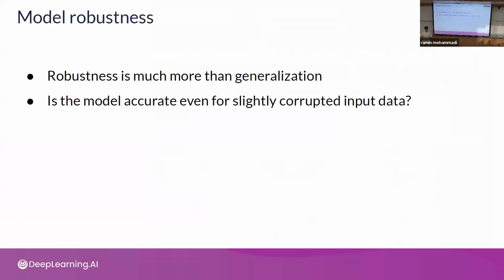Generalization means my model is generalized, that it can address all sorts of data. But that doesn't mean that my model is robust. Robust means that your model can deal with all sorts of random data, all sorts of noisy data, and it doesn't break. That's the definition of robustness. Generalization is just the idea that my model can address all groups of data.